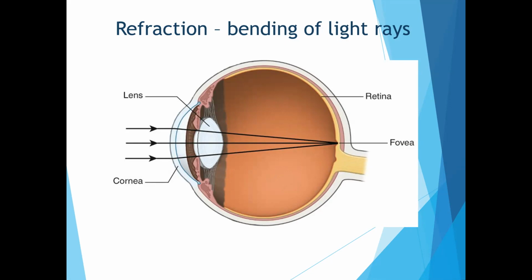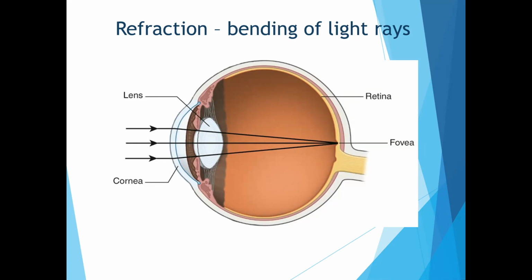So the next few terms, you just need to know the general concept of. You don't need to know the ins and outs super detailed. So refraction itself refers to the bending of light rays. So vision all comes down to how our rods and cones interpret light.